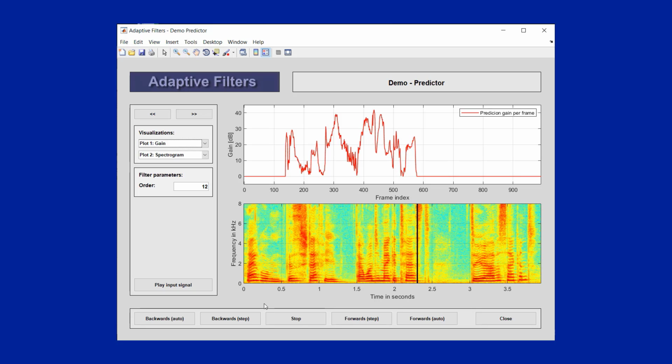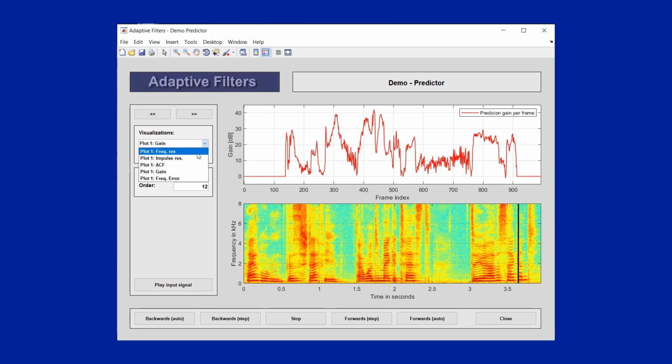And for example, here, our correlation in the signal is low because we are in an unvoiced segment and we're not able to predict the next sample as well, and we cannot achieve a good power reduction, of course. This is generally referred to as the prediction gain, but not an average version, a short-time version.